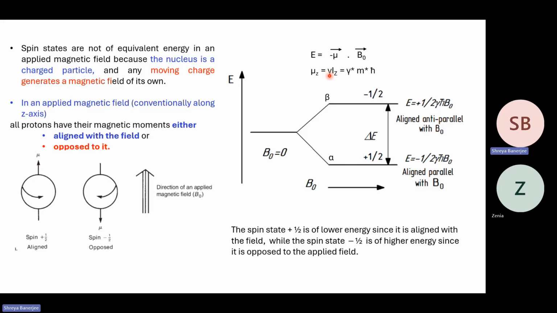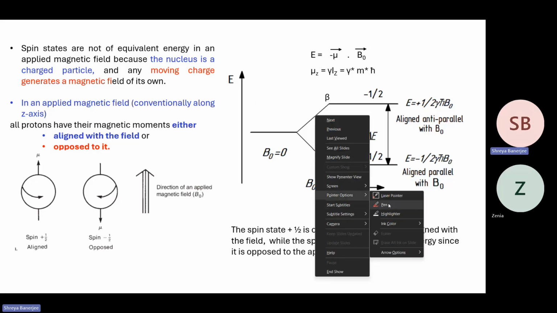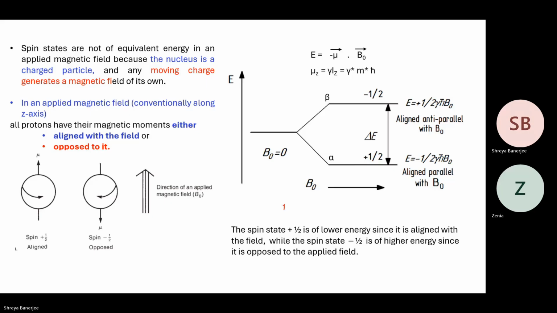So we can write Iz as m h bar. So the magnetic moment mu can be written as gamma m h bar. Now if we put this value of mu in the equation of the energy, the example shown here is for I equals half.